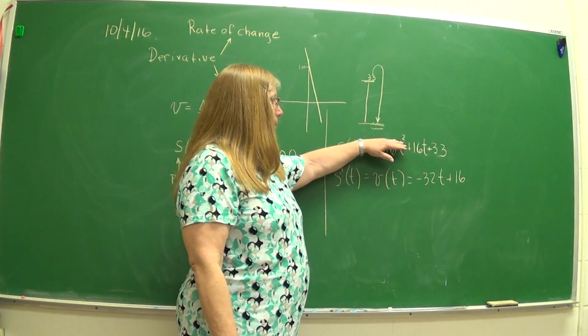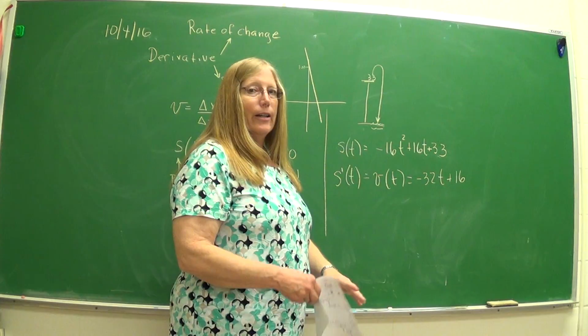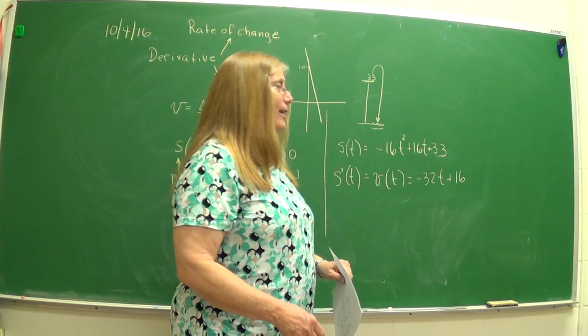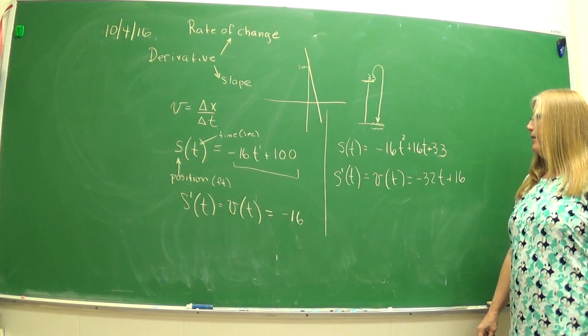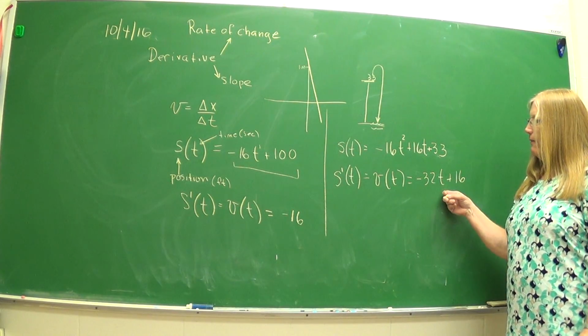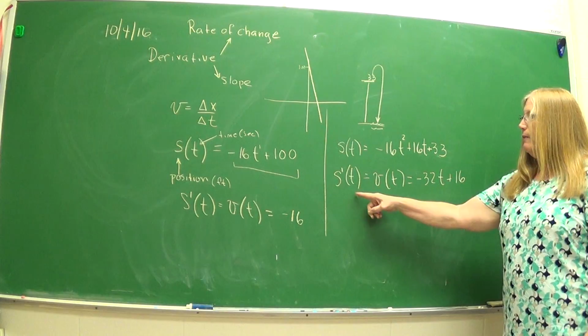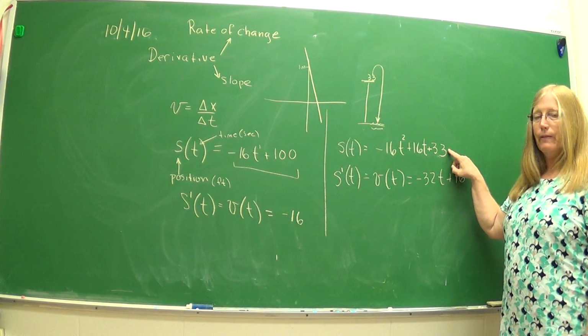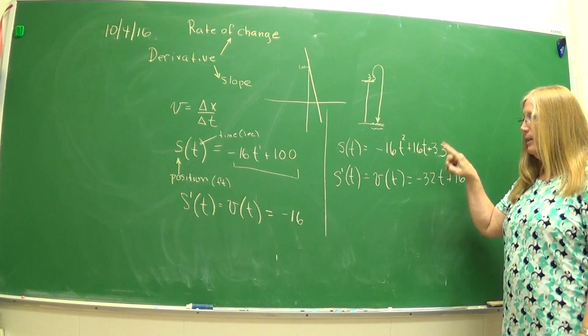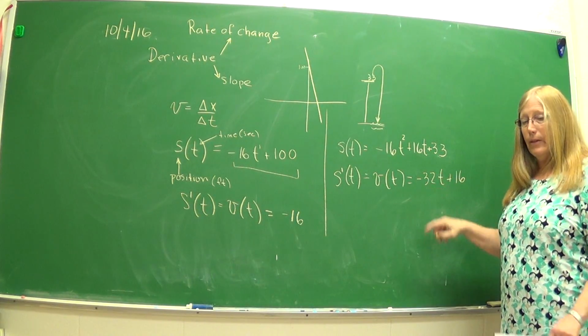Look how easy it was to get from here to here, Joel. Did you notice? We now have another function, because the derivative is the second function, and this one tells me the rate of change of the first one. Since this one is position, we have velocity on this one.